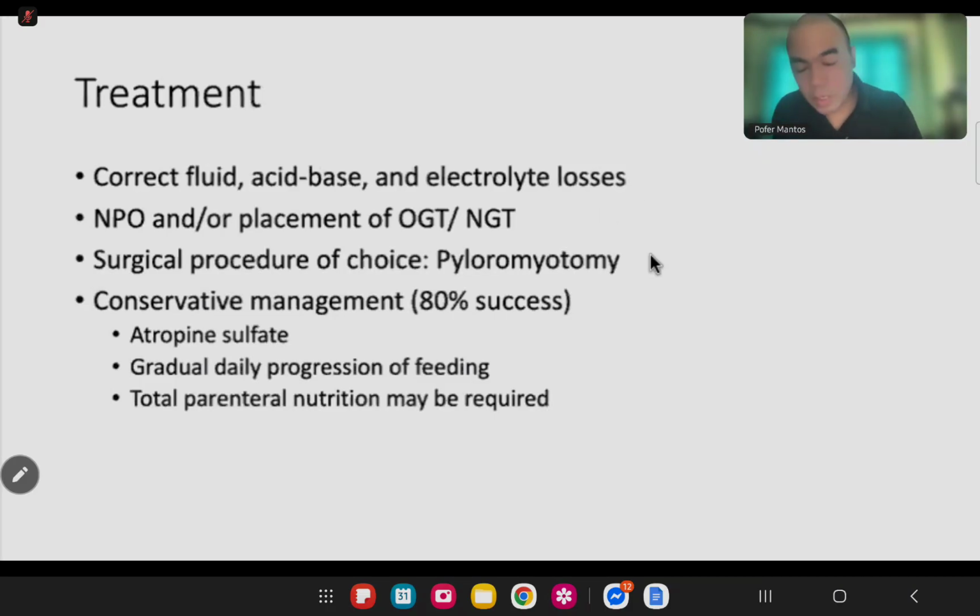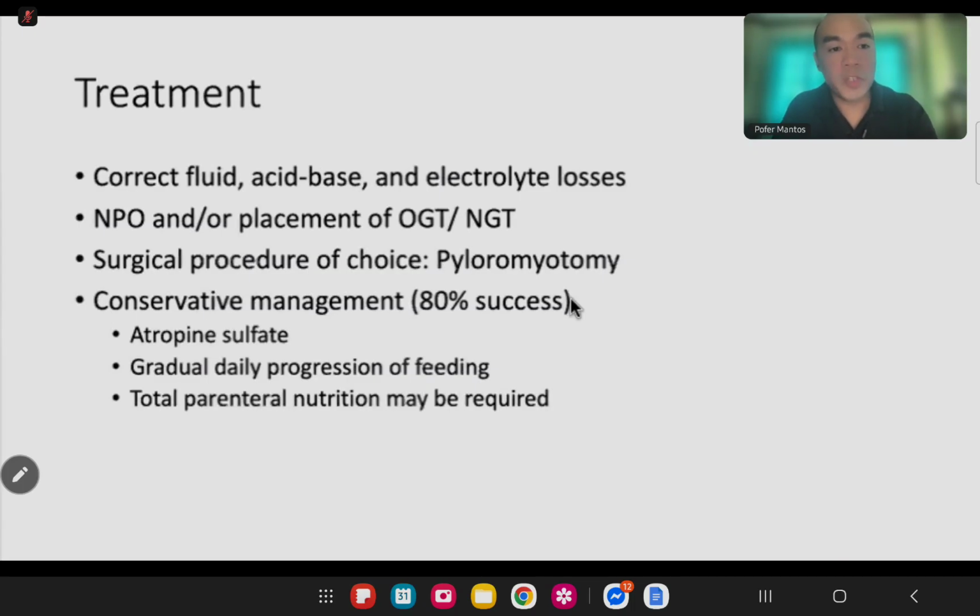For treatment, you check if there is acidosis or alkalosis, and then you correct the electrolyte imbalances.